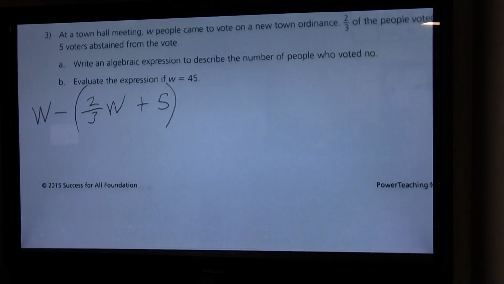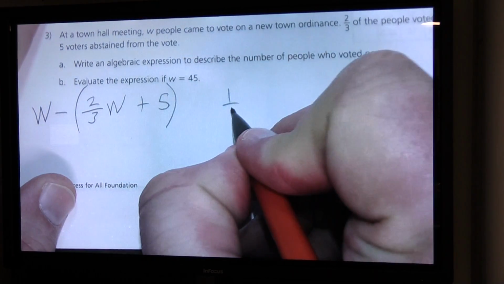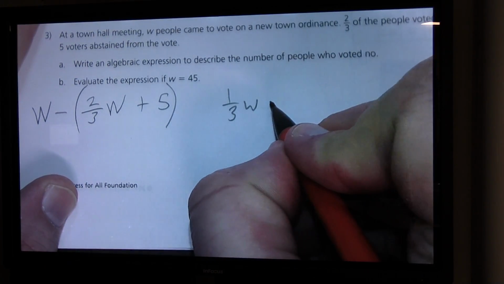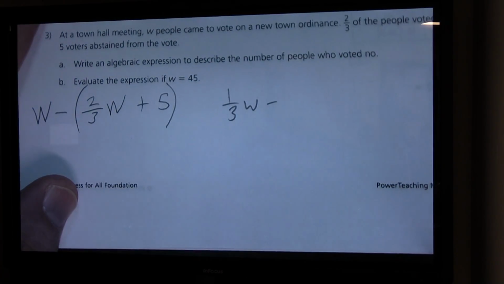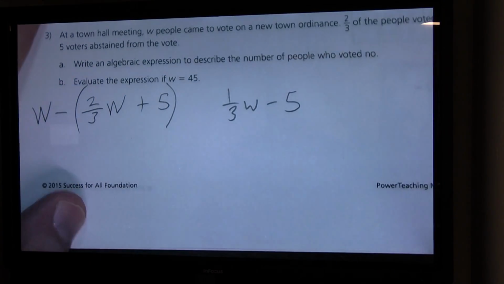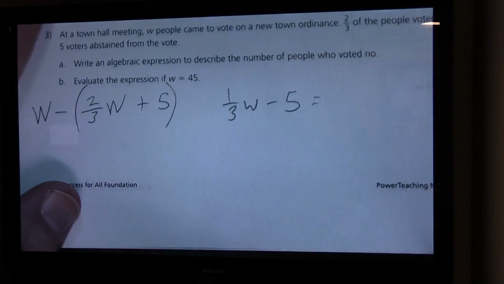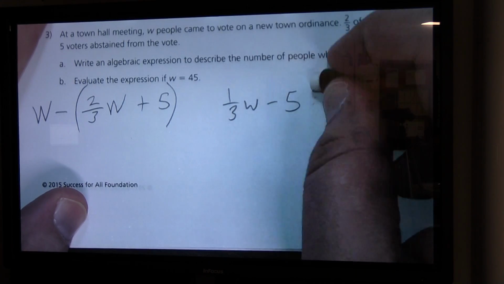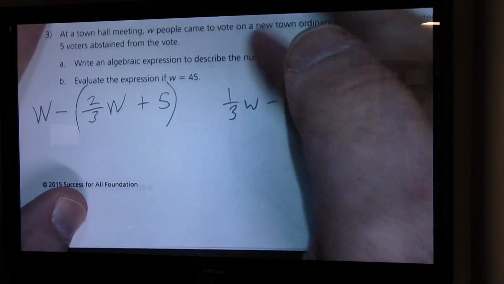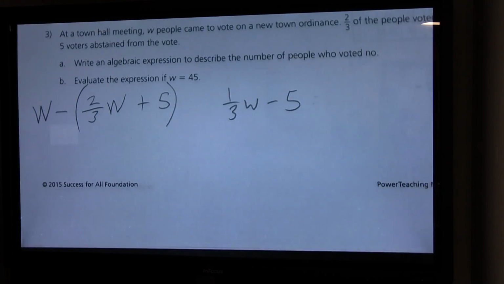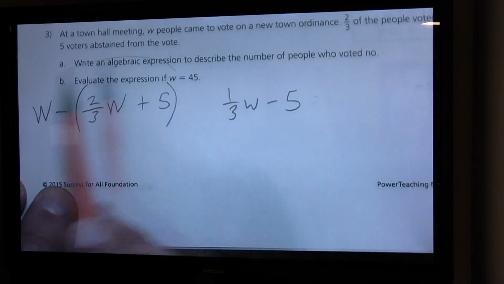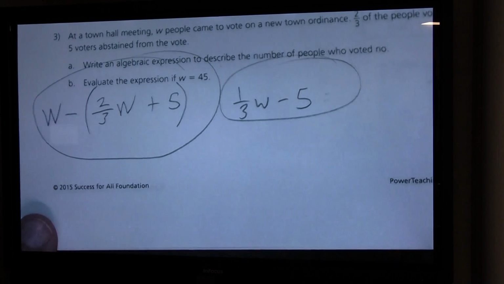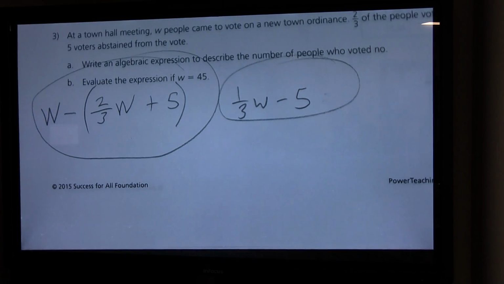So we could say then 1/3 of W, subtract the 5 that abstained, and that would give us the number of people who voted no. So either of these algebraic expressions will work. This one or this one, and I could probably come up with another one, but those are some possible expressions that you might have come up with.